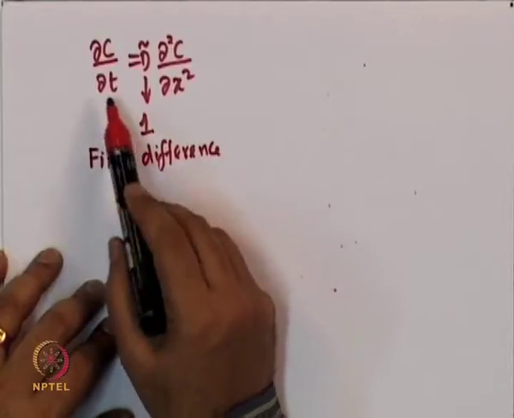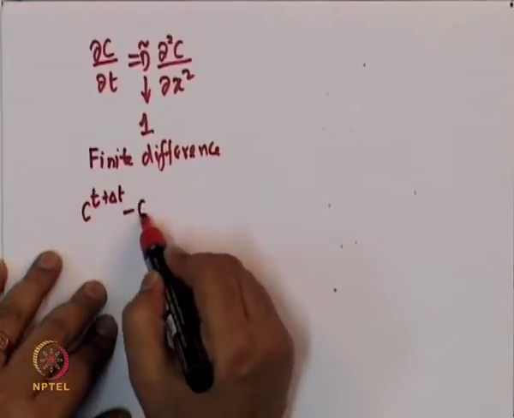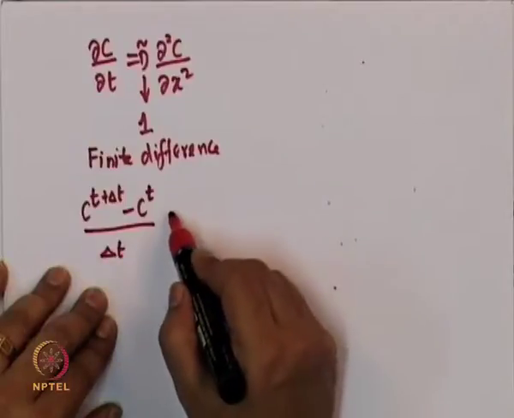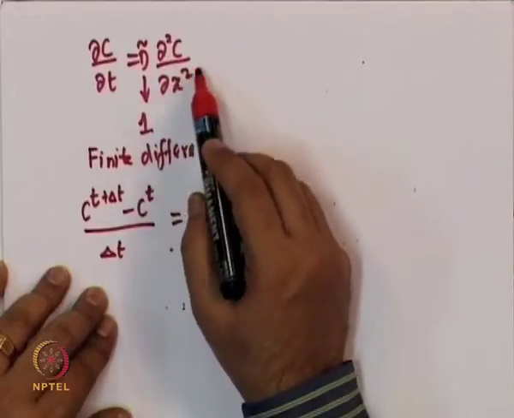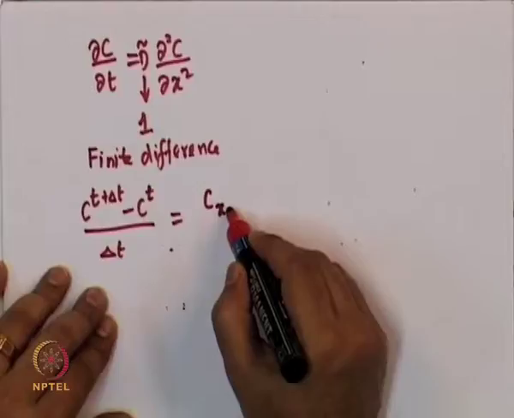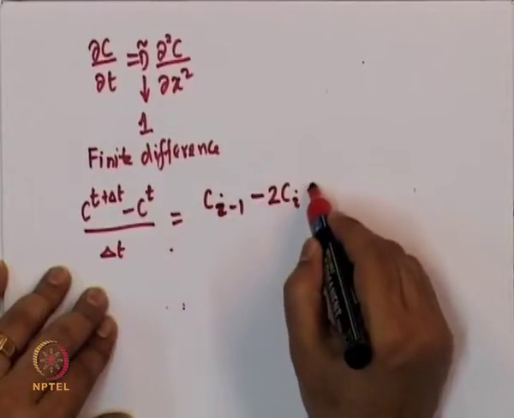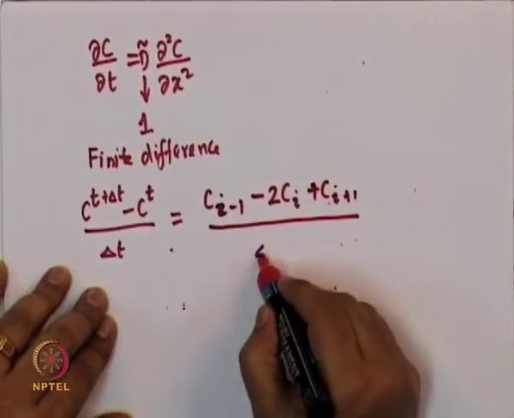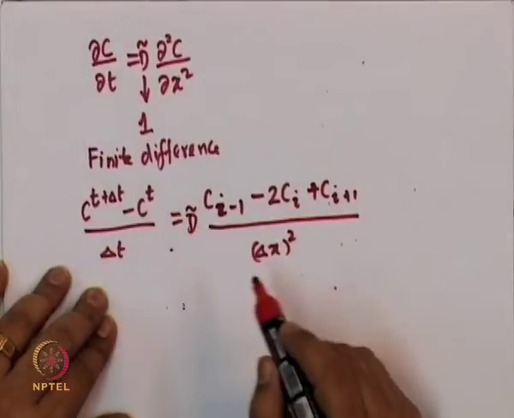So, (c(t+Δt) − c(t))/Δt is equal to, diffusivity is 1, (c(i−1) − 2c(i) + c(i+1))/Δx². Let me keep the D tilde, it is 1, but anyway we will keep it for this purpose.